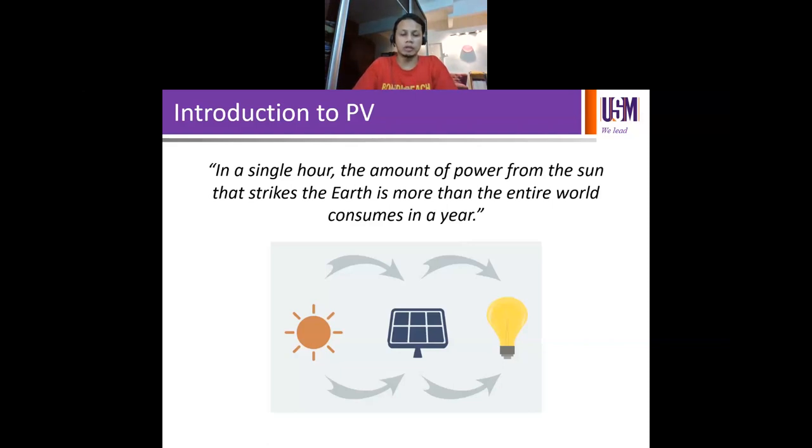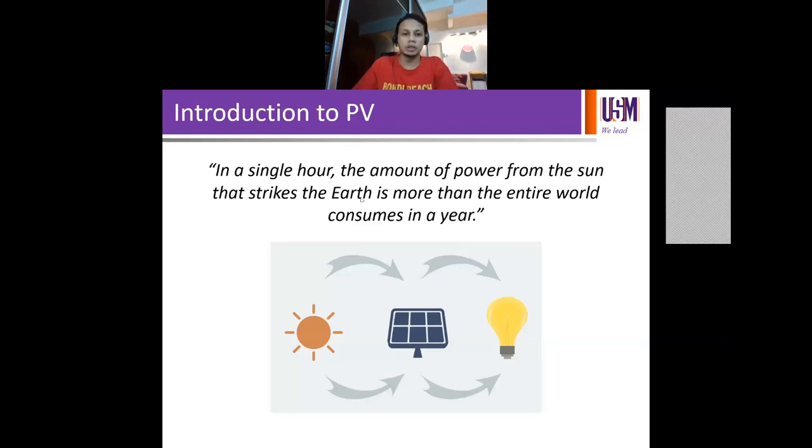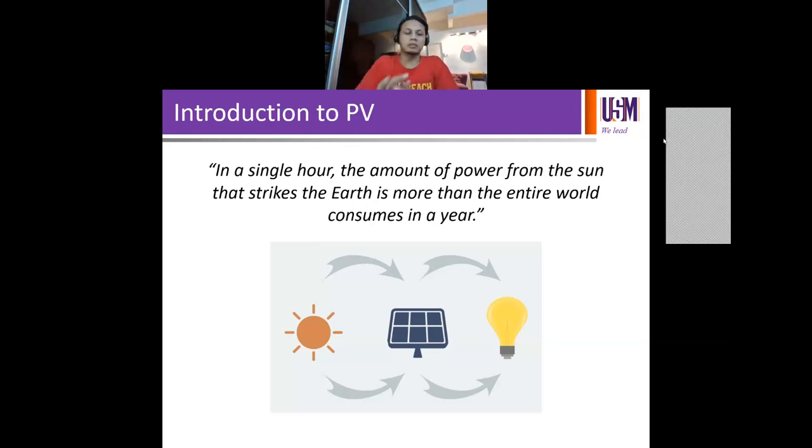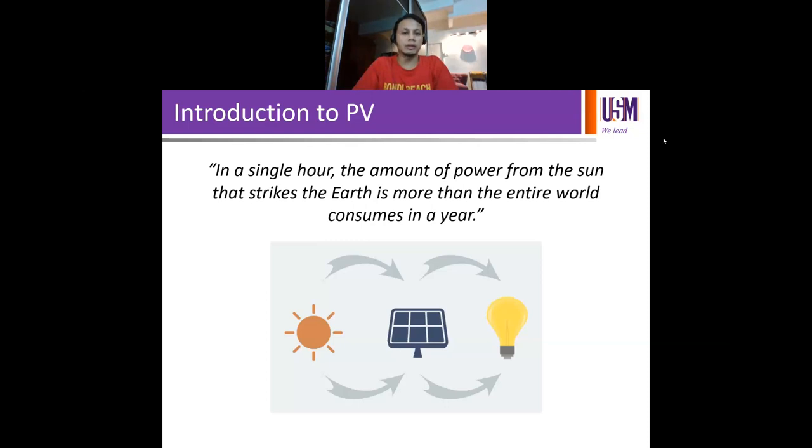We are still limited by a few limitations of our PV technologies, which we're going to see later on as we go through the topic. But in terms of the incident power that we receive from the sun every single hour, it is that much, right? If we can manage to harvest 100% of the incident power, the total power available will be more than enough to power the entire world for 1 year.